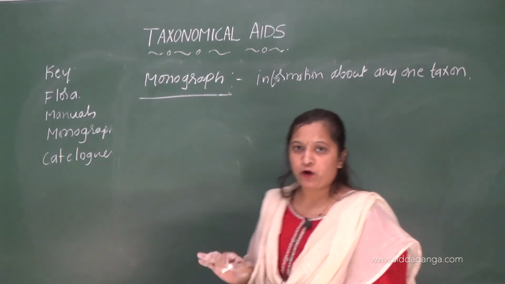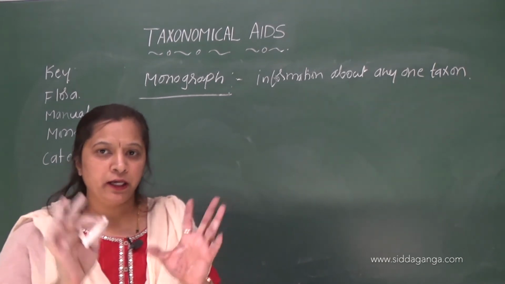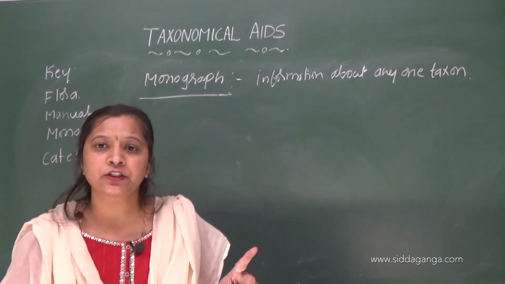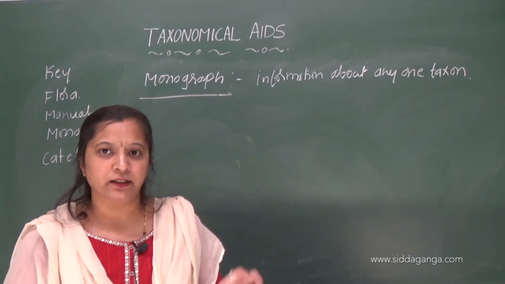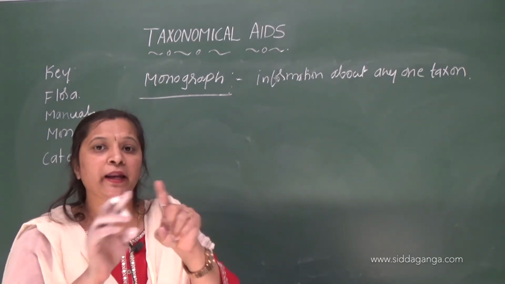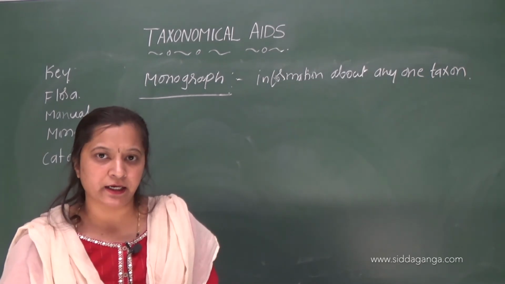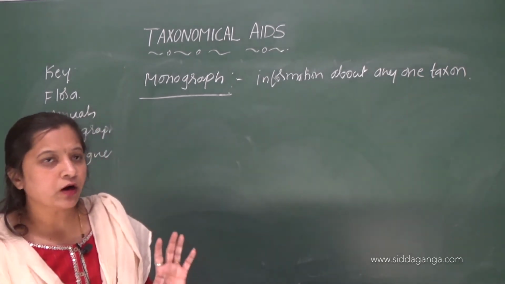So what actually does the monograph contain? The monograph includes detailed information about any one taxon. That means it contains information about any one taxonomic category or a taxon. So that is what a monograph is.